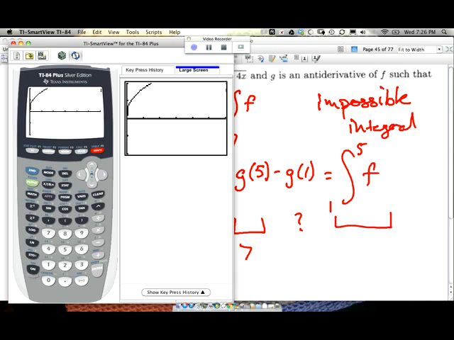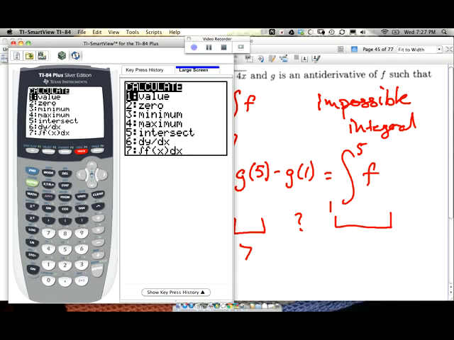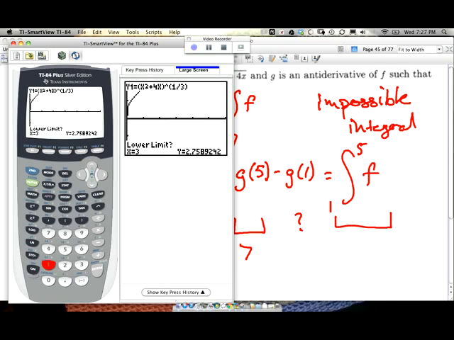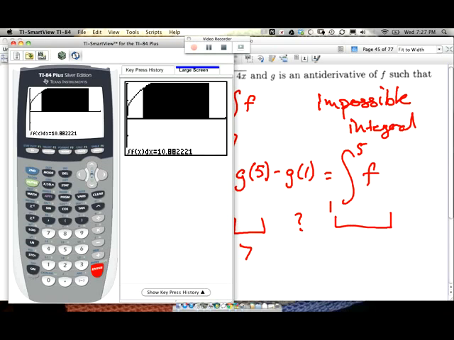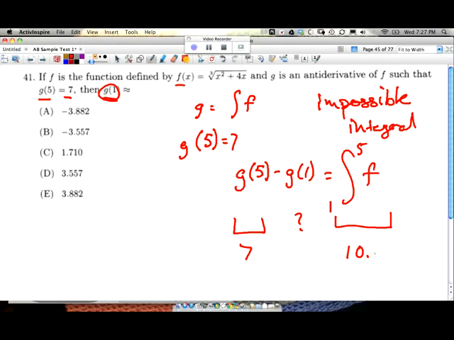And it goes off the screen, but I don't really care because I just need to calculate the integral from 1 to 5. So I do second, calculate, area number 7 from 1 to 5, and that gives me 10.88. So 7 minus g of 1 equals 10.88.